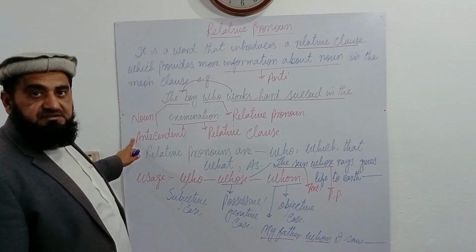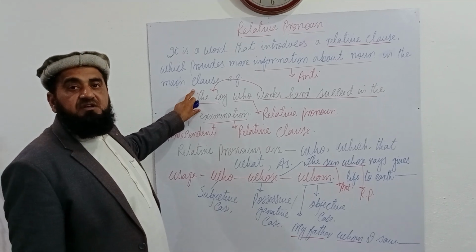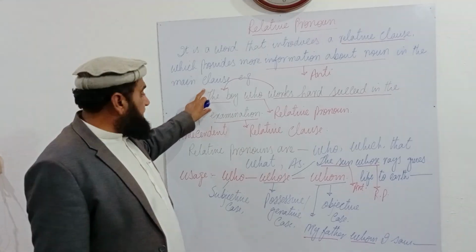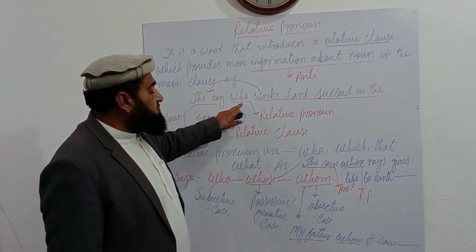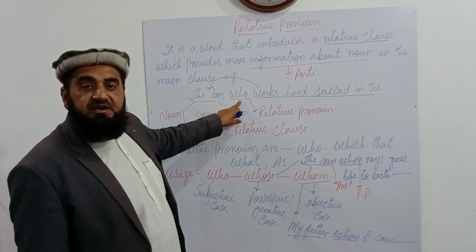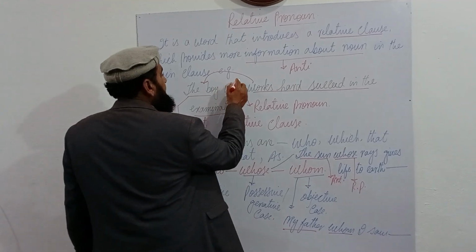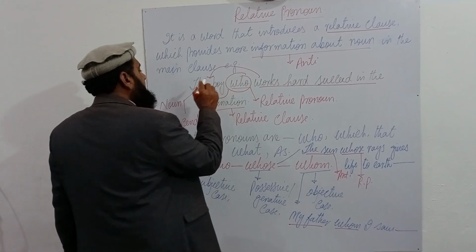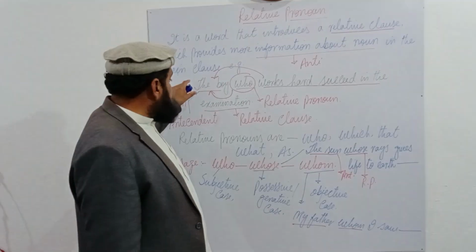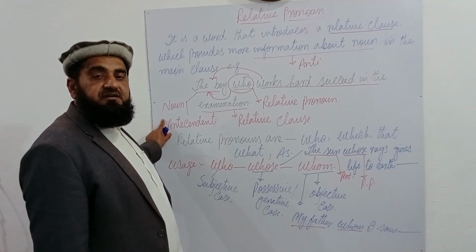What is an antecedent? An antecedent is a noun or pronoun to which the relative pronoun refers. So this relative pronoun who is giving reference to the noun the boy, and the boy we will call the antecedent.